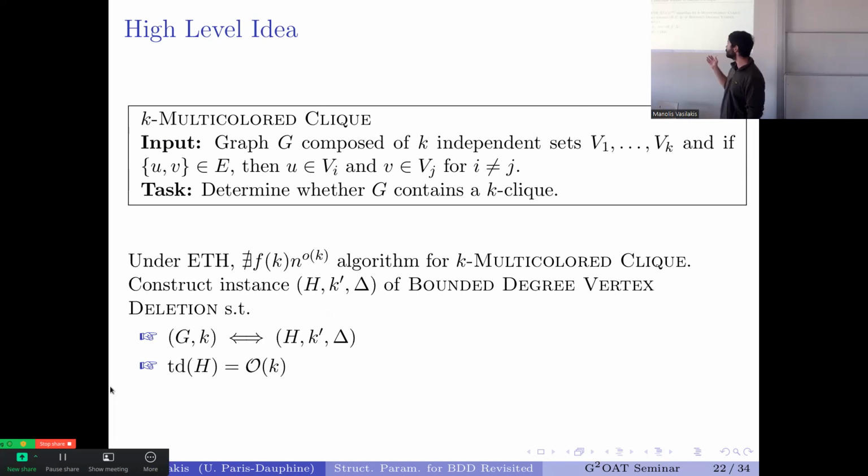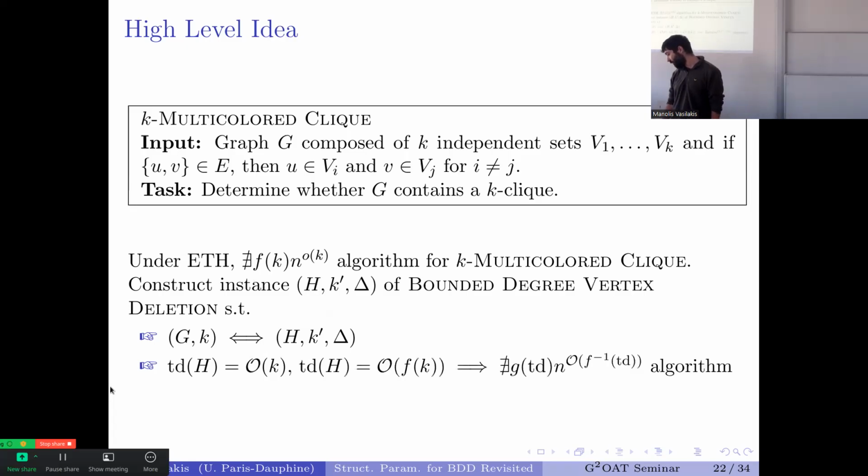And we also want to keep the tree depth of our new graph linear in K. The reason is that if the tree depth of our graph is some function of K, this suffices to show W1 hardness. But if we want to look at more fine-grained questions, this implies such a lower bound, but we want to be really tight. So we want the linear function.